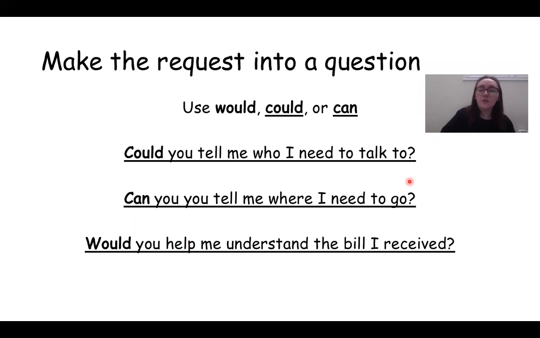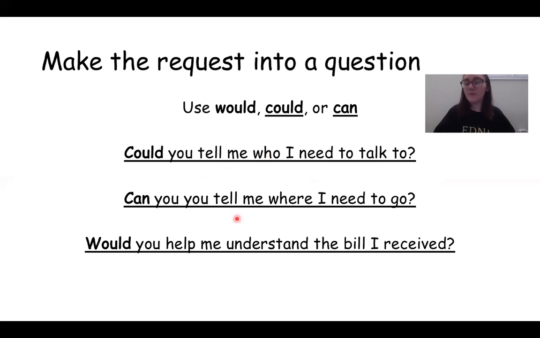So you can use things like would, could, or can, right? So when you make the request into a question, when you make what you're asking them to do into a question, what is it that you need to do? So you need to talk to somebody. So you would say, could you tell me who I need to talk to?